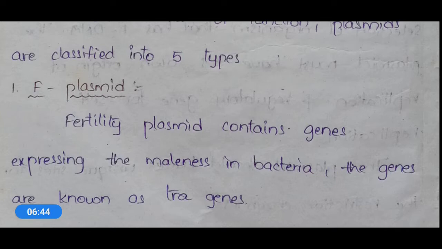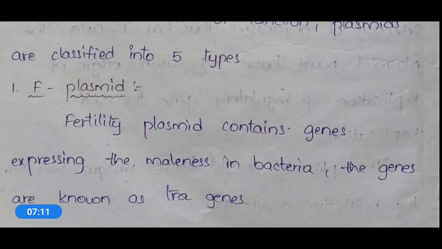It will be transported as the F plasmid. It is a conjugative plasmid. That means this F plasmid will be transferred from one bacterium to another during conjugation. This transfer of plasmid from one bacterium to another is the male characteristic.